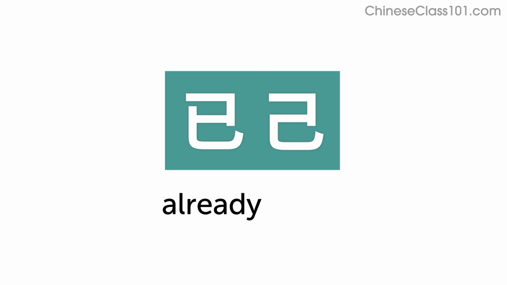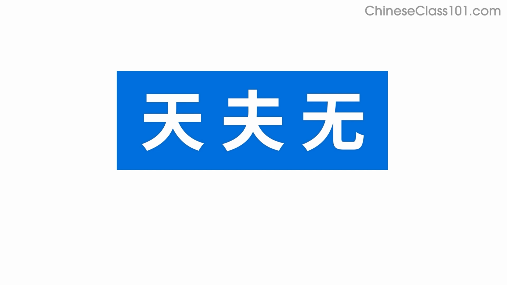Right, the one with the stroke poking above the lower horizontal line is already. 已. And which one of these three hanzi means none? Right, the one with a different last stroke is none. 无.